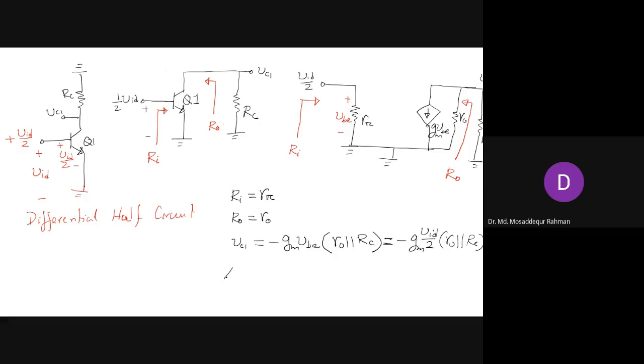So we get the gain expression, which is VC1 by VID, which is minus half gm times R naught in parallel with RC. Okay, so that is the gain expression.